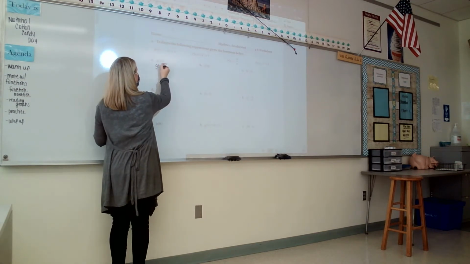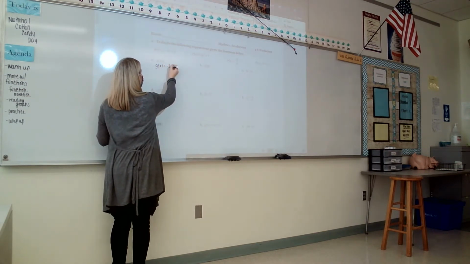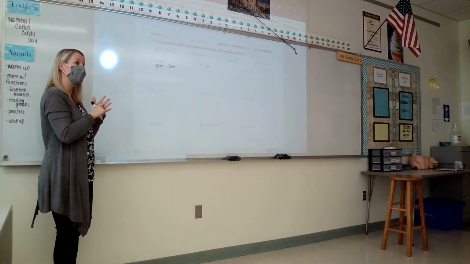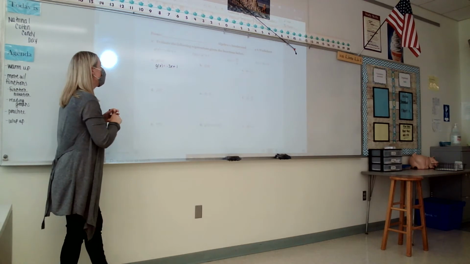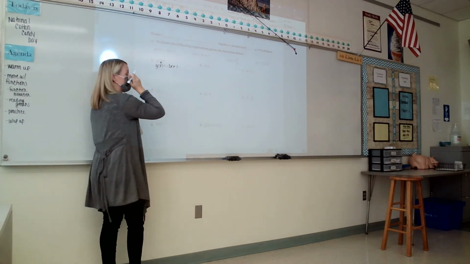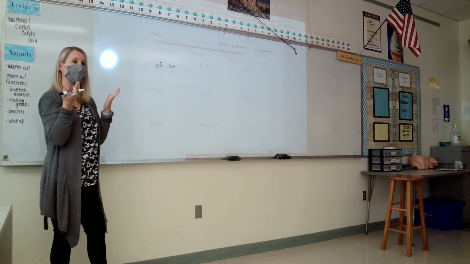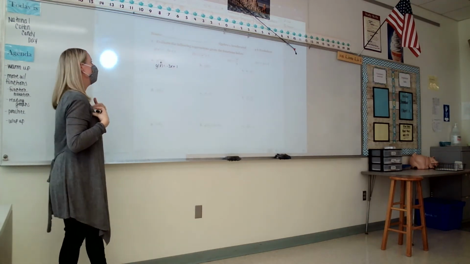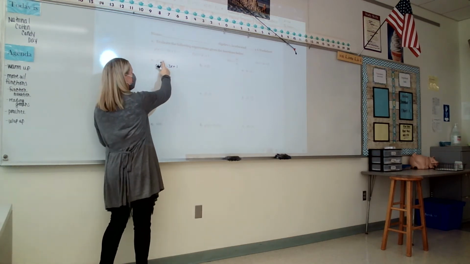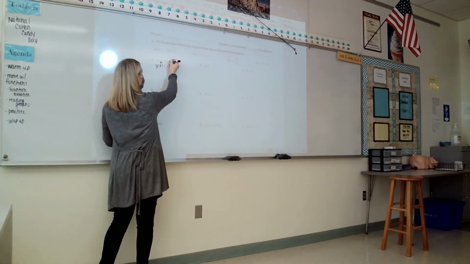I'm using the g function, which is this. And when it says g of 10, that means where the x is in the function, I'm going to replace it with 10. It makes sense logically. I'm just replacing a variable with a number.